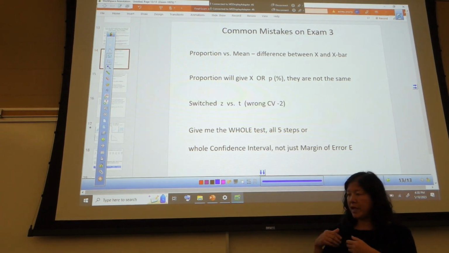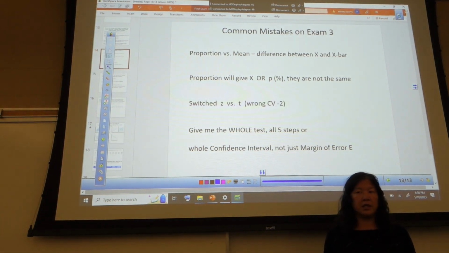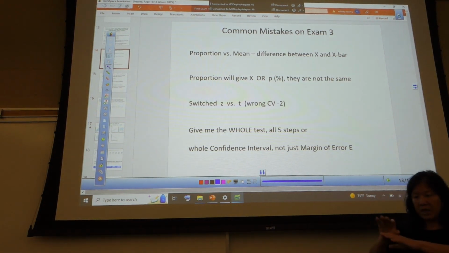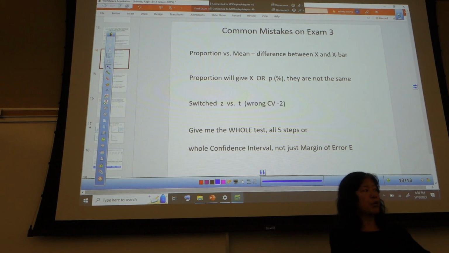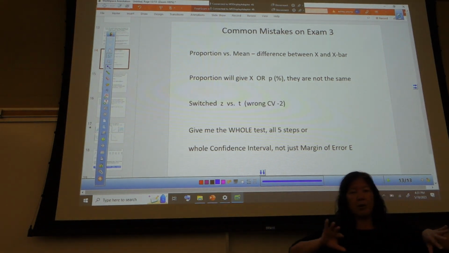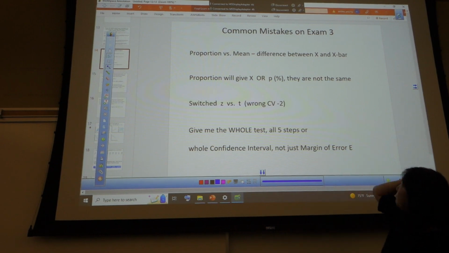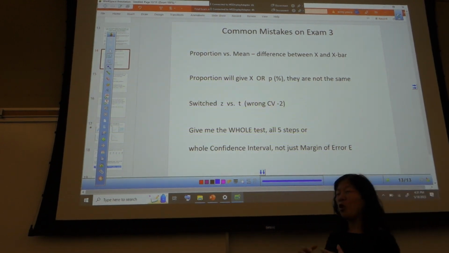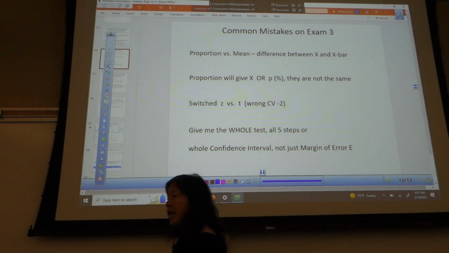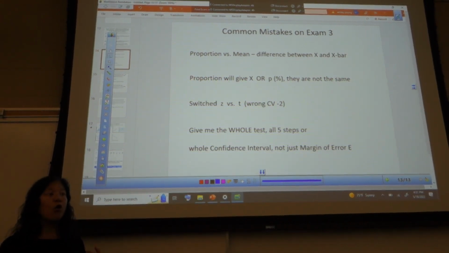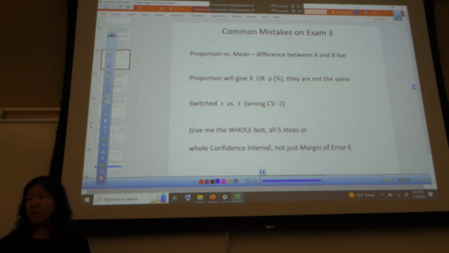A lot of times people would have a mean and then take x bar and divide by n and get some crazy number. So you cannot mix and match those. Means have their own set of formulas, proportions have their own set of formulas. They do not mix. If you do have a proportion, you're always given n, and you're either given x, the number of people who said yes, or p hat, the percentage.